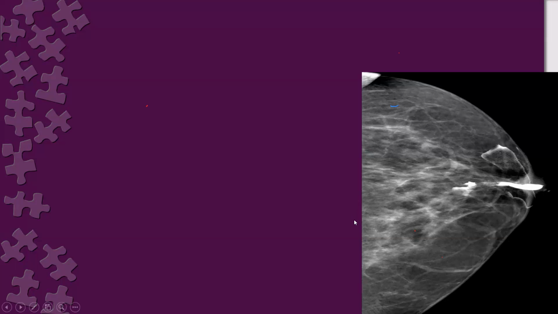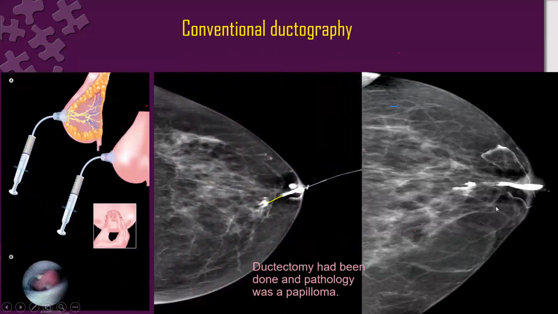Ductography showing what? What is the abnormality in this ductography? Is it normal or abnormal? Filling defect. Abnormal. Irregularity. Yes, there is a filling defect here, but it is a smooth filling defect without significant dilatation of the duct.